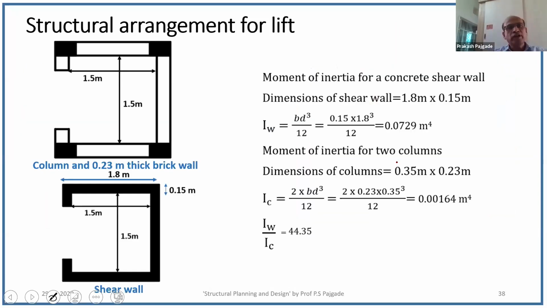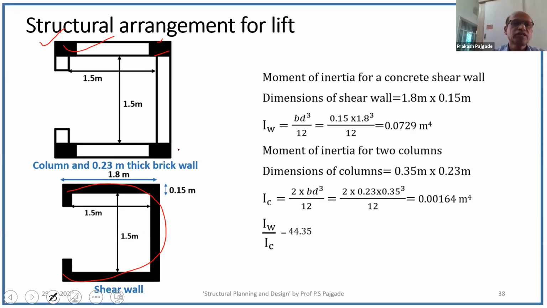Another important thing is regarding the lift. Most of the time for a multi-story building, we need structural members for the lift. Many a time, instead of providing an RCC wall, columns are provided.